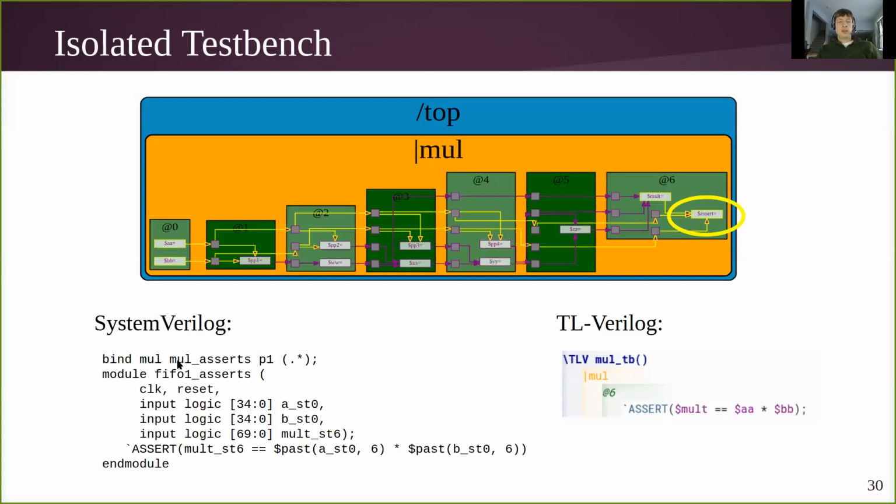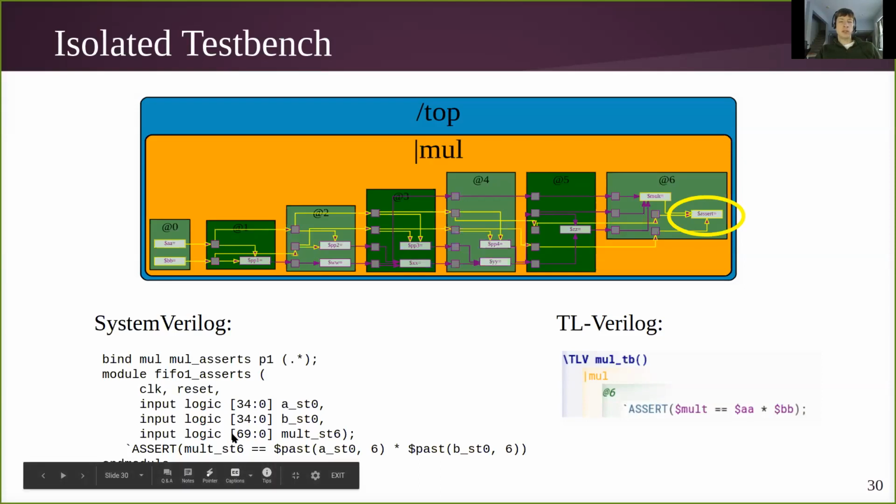System Verilog also gives you a mechanism to create a test bench that you link with your DUT logic. So you can create a separate test bench in a bind file, and that test bench will have its own interface with explicit interface signals and explicit hookup of those signals.